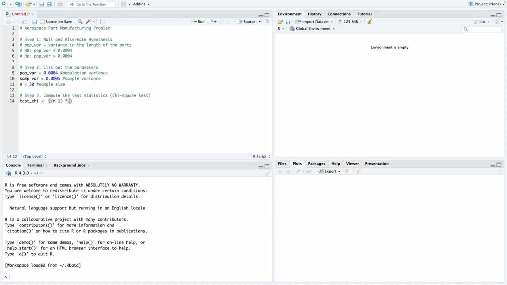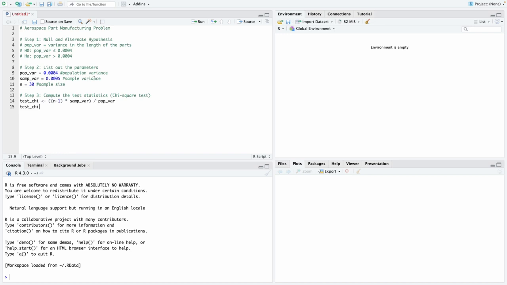We multiply this by the sample variance, then divide by the population variance. So that's the equation we use for our chi-square test.